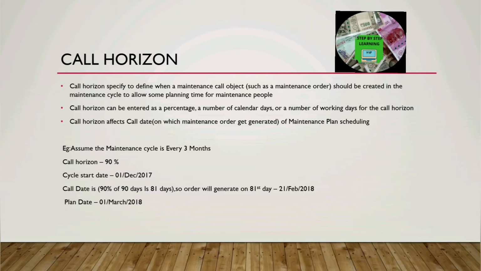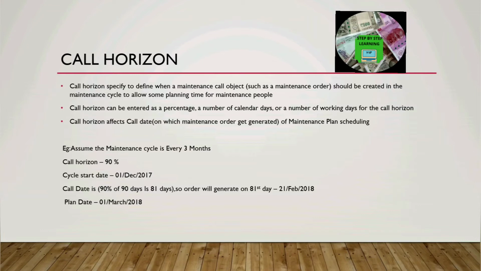That is the difference. By defining the call horizon percentage, you want that order to be generated on a particular date, that is the call date, and the plan date is when you need to perform the maintenance.